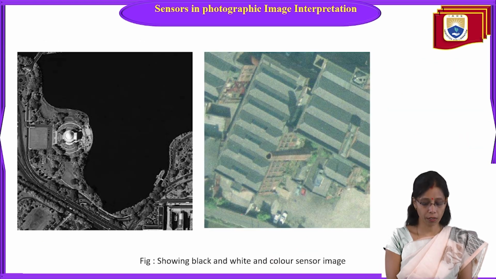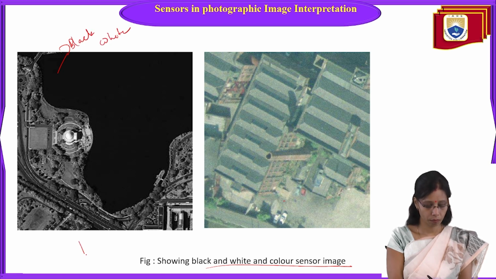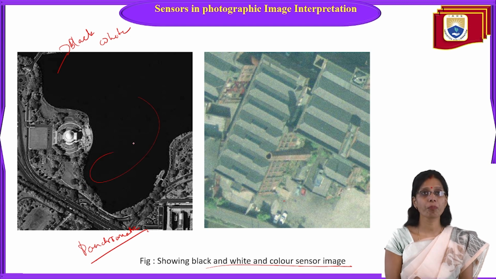Now, if you want to interpret these two imageries, showing black and white and color sensor image, so we have this black and white, we call it panchromatic. Okay. So all these features you have in either black or white.